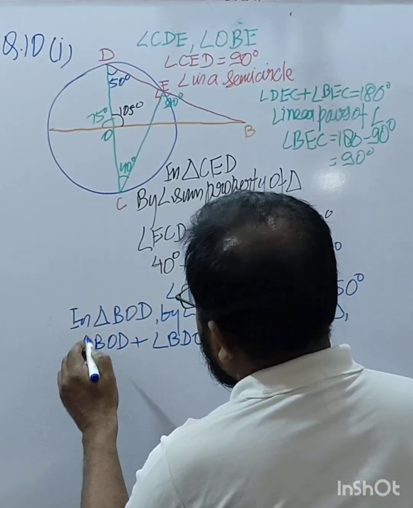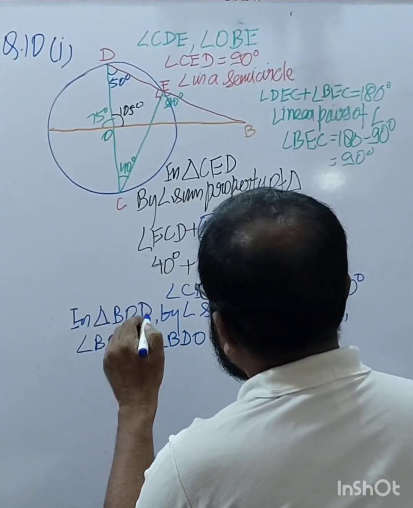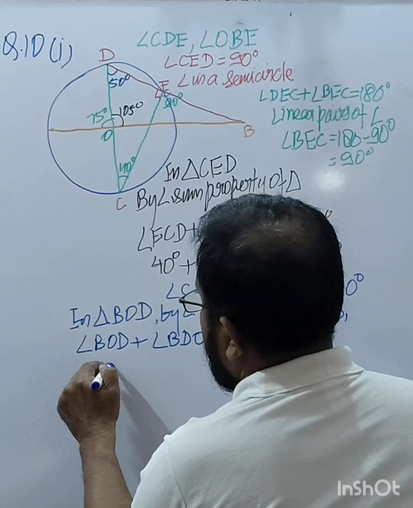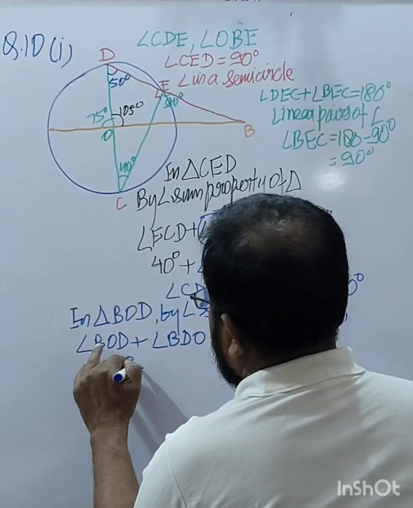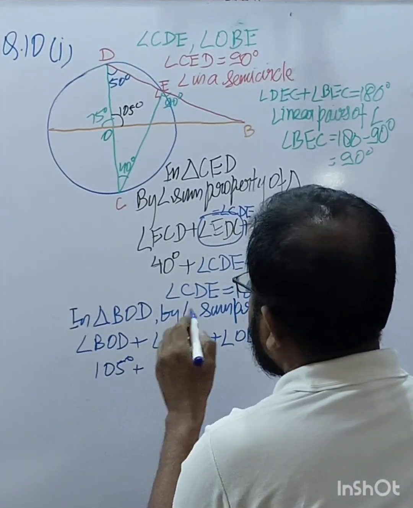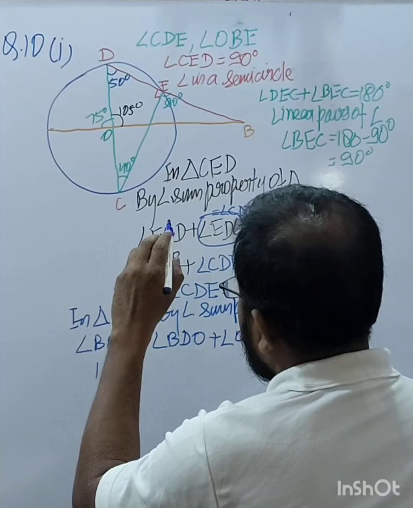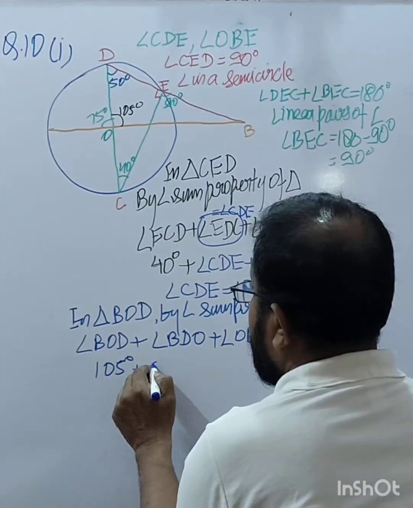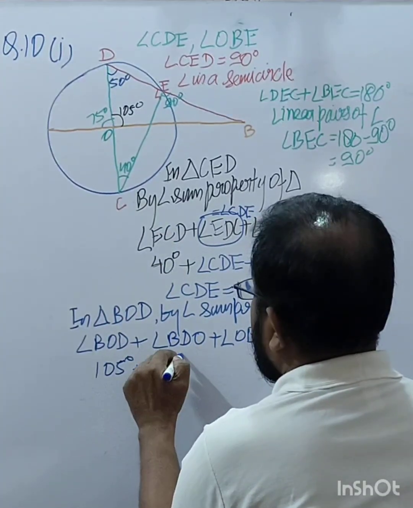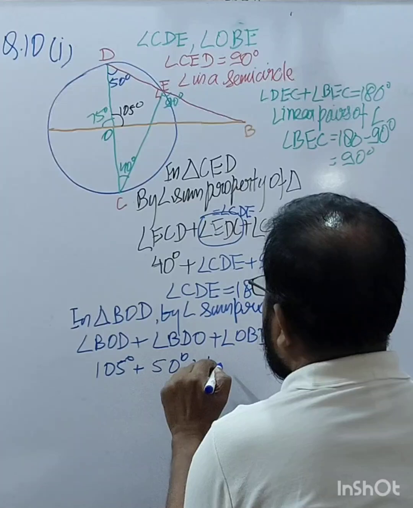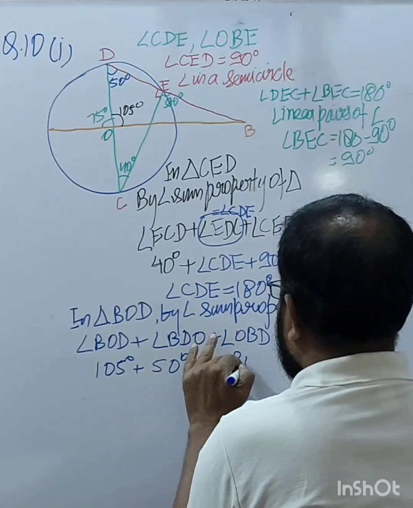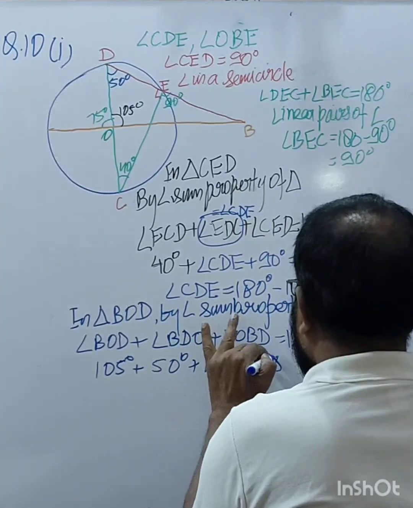Right? And angle BOD is how much? 105 degree plus angle BDO is of 50 degree plus angle OBD is equal to 180 degree.